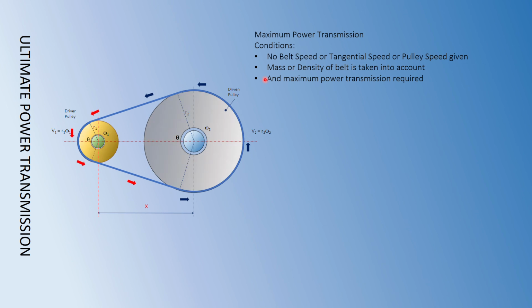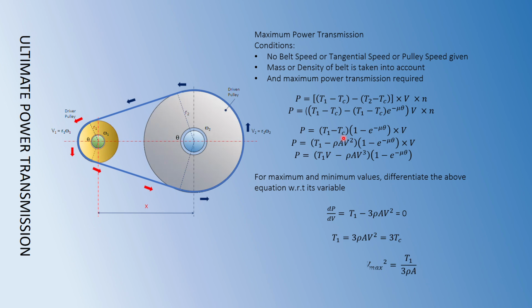If the question asks for ultimate or the greatest power transmission, without these 2 points here, then you don't need to use the following formulas. That means in order to use the following formulas below, you must have all these 3 points in the question. So if it is, then you have to use both of these formulas here.